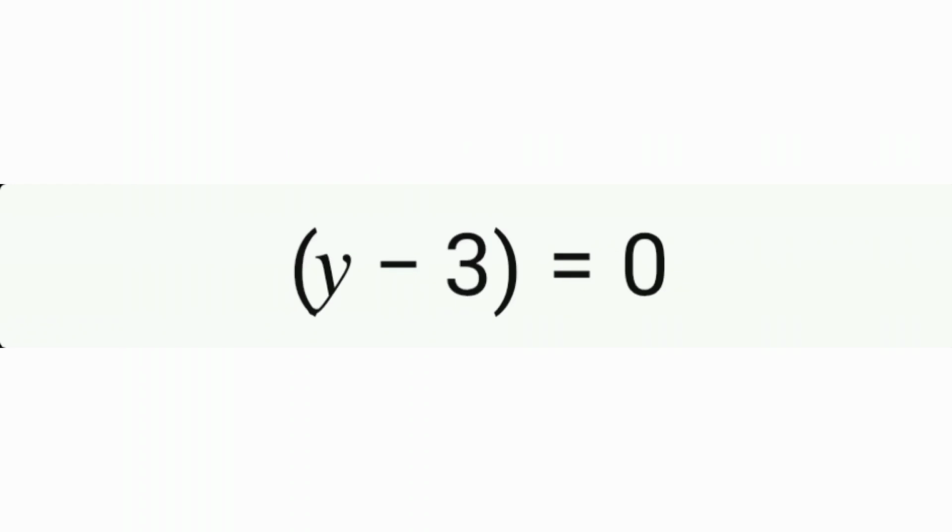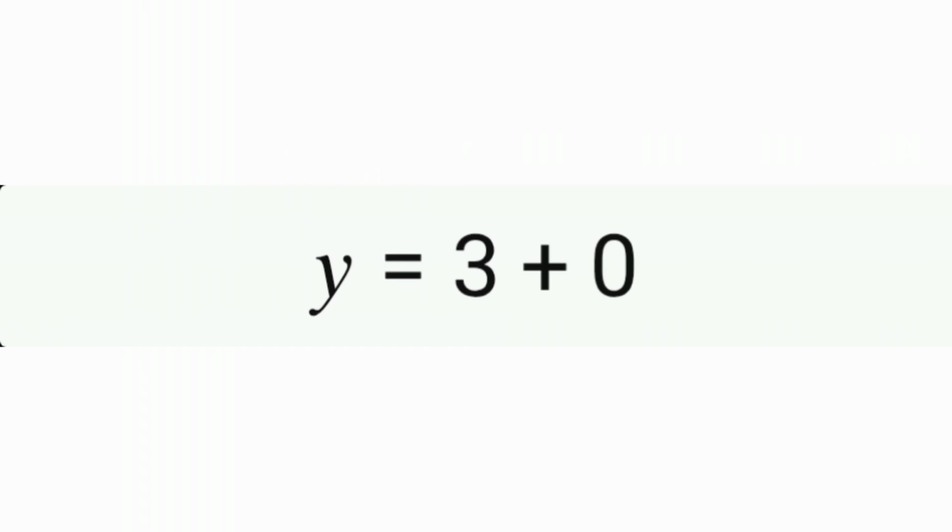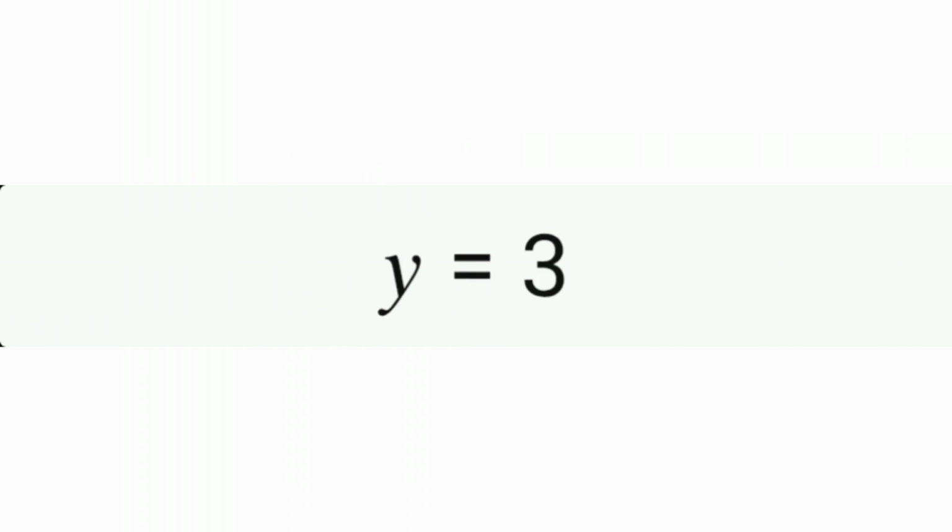So from this part here, we are going to obtain the value of y by adding 3 on both sides, so that on the left hand side we shall have y minus 3 plus 3, and on the right hand side we shall have 0 plus 3, so that the value of y clearly will be equal to 3, and 3 is our repeated root because this is a square quadratic equation. So y1 is equal to 3 and y2 is equal to 3.